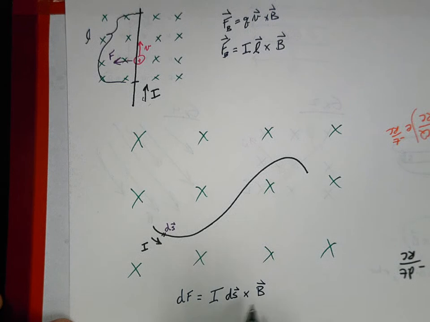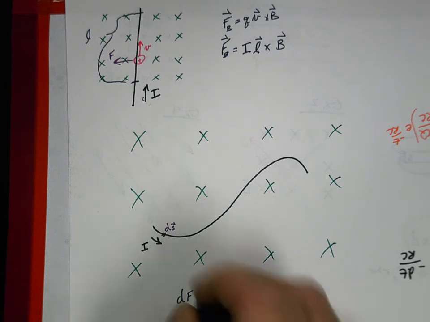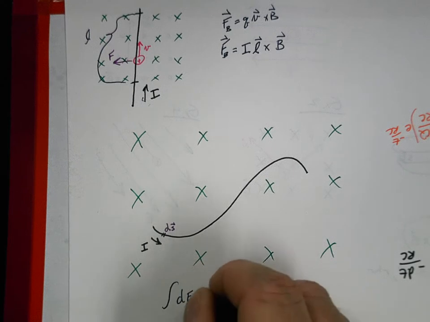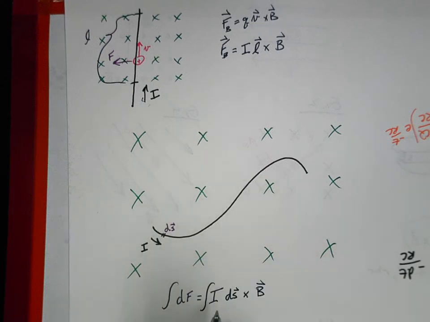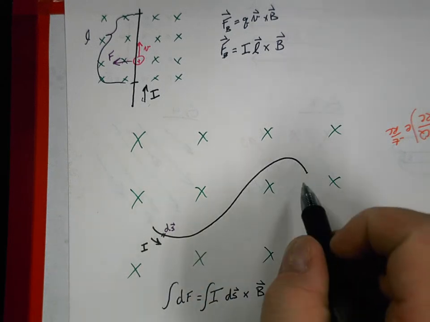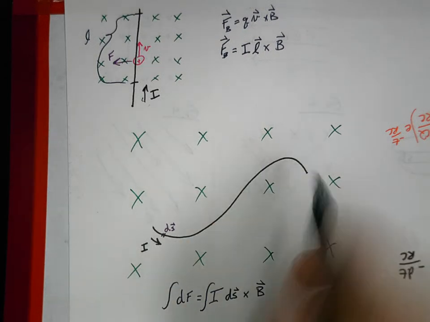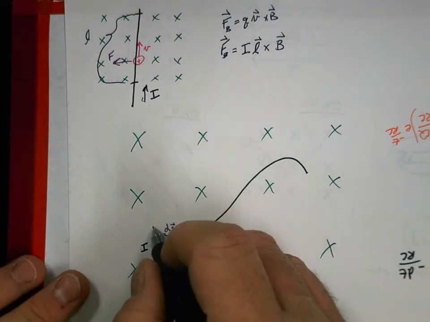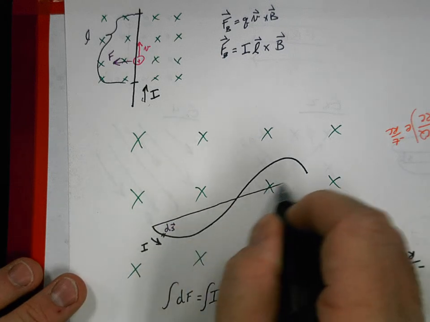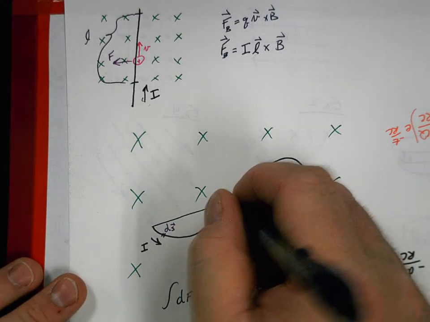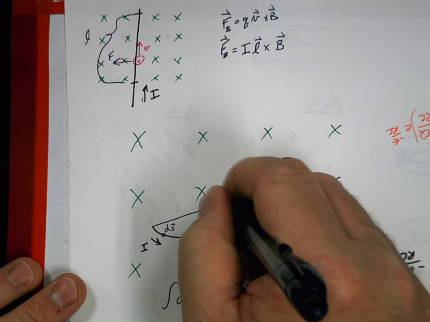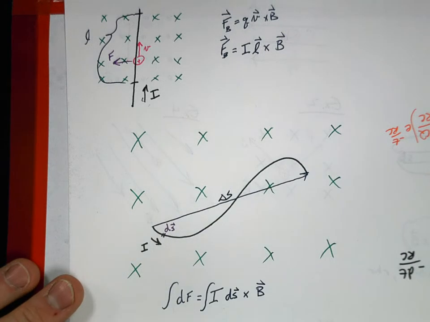But in our integration, we don't want to include the B. We're going to leave it out here, but we're still going to integrate this. If we're traveling along a line, doesn't this just become delta S? It's our displacement.